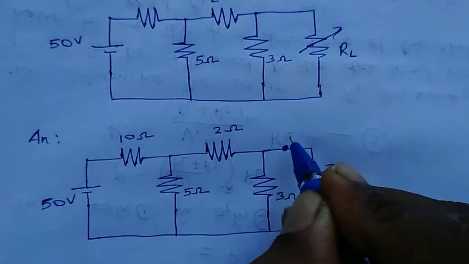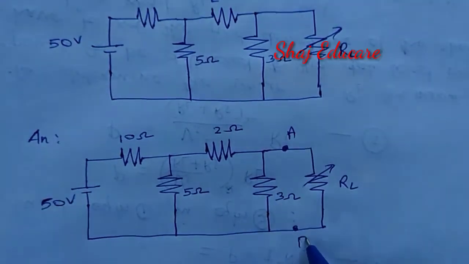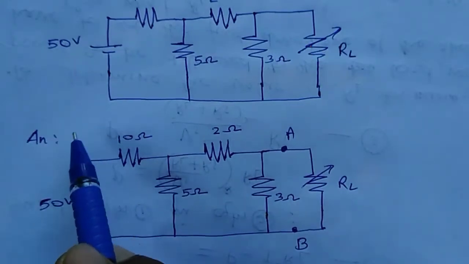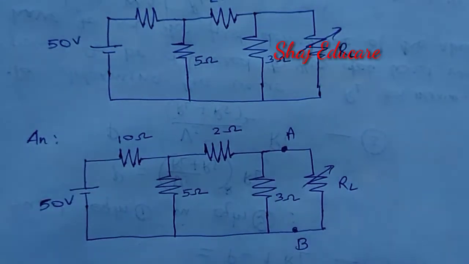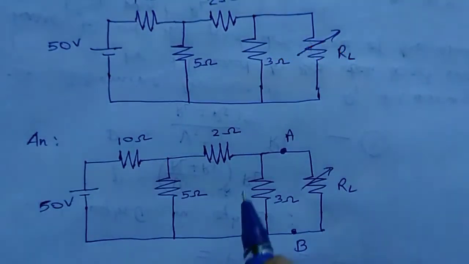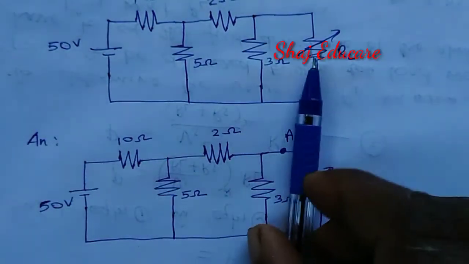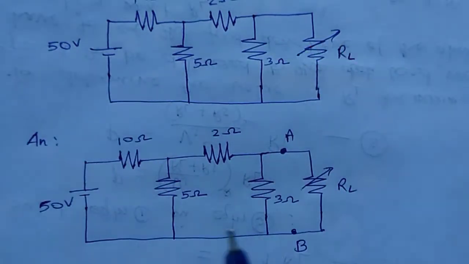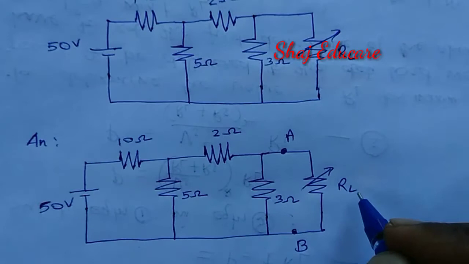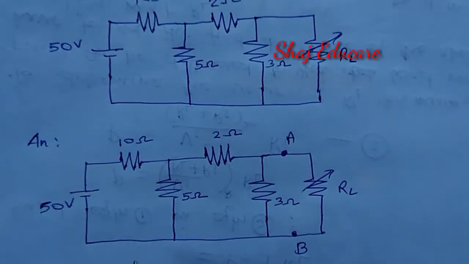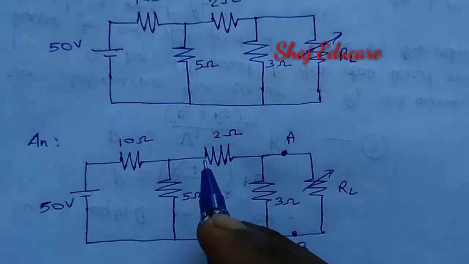Okay, let us mark these points A and B, and I'm going to convert the circuit to the left of AB, the left hand part of the circuit, excluding the resistance RL, into a single voltage source and a series resistance.